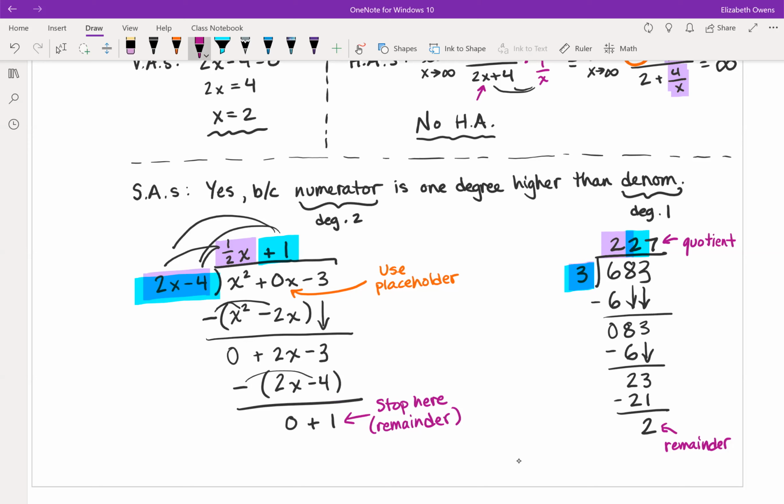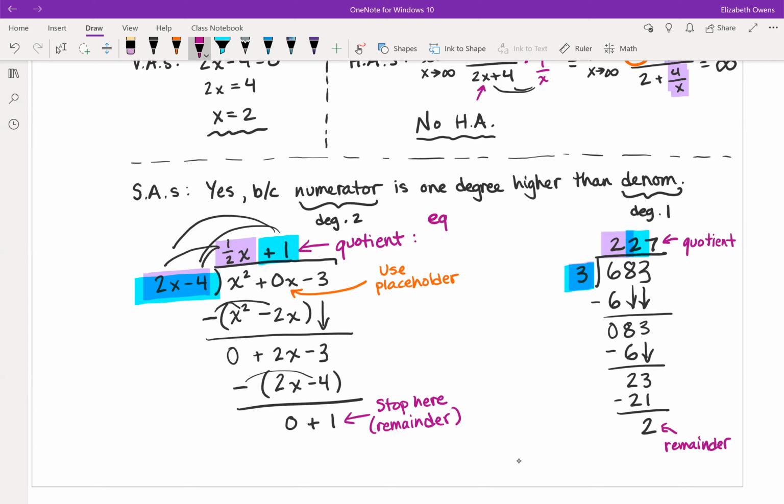So we have our remainder of 1, and then we have a quotient right here of 1/2 x plus 1. And notice, that is a linear expression right there. 1/2 x plus 1, that is linear, like an mx plus b type of situation. And so this quotient is the equation of the slant asymptote.